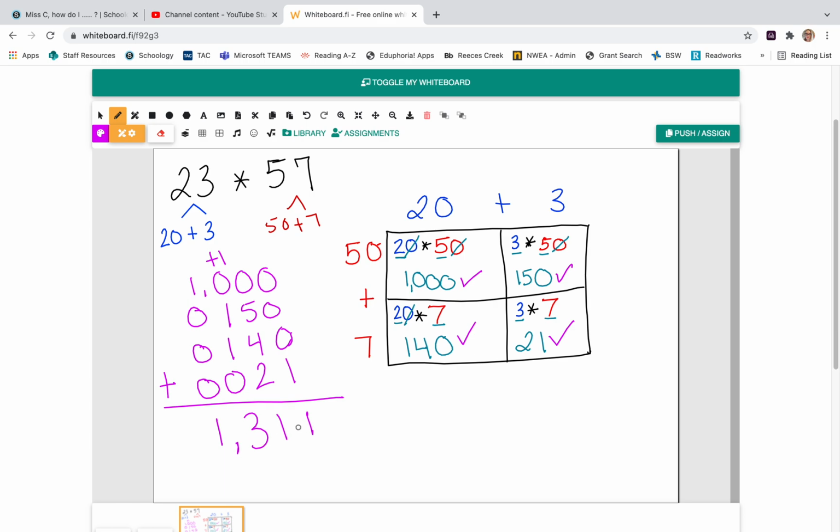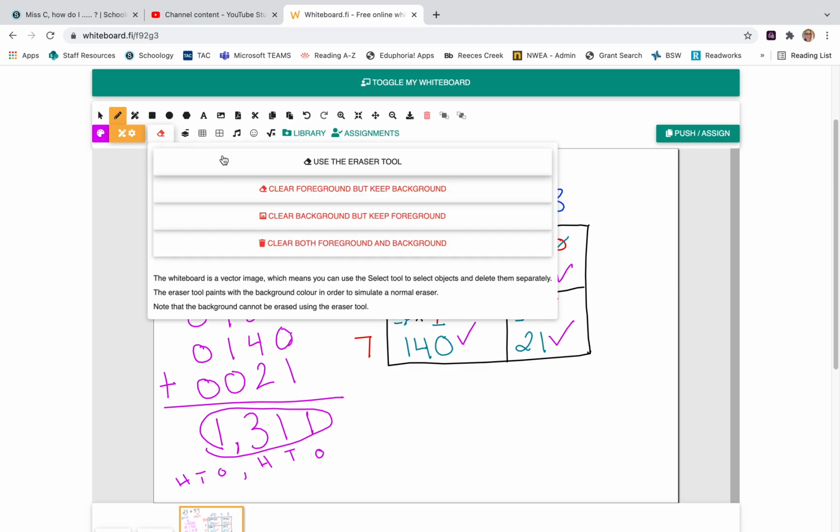My comma goes right here because remember it's ones, tens, hundreds, comma. Ones, tens, hundreds, and so on and so forth. So here we can see that our answer is 1,311.